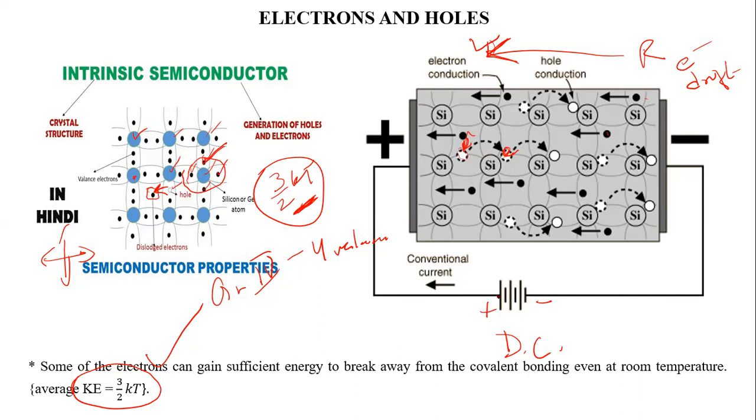Once you apply a positive potential here, and negative on this side, an electron in a neighboring atom, in the chemical bonding, will be pulled towards this vacancy. The electron will jump from this place to this place and occupy this vacancy easily.